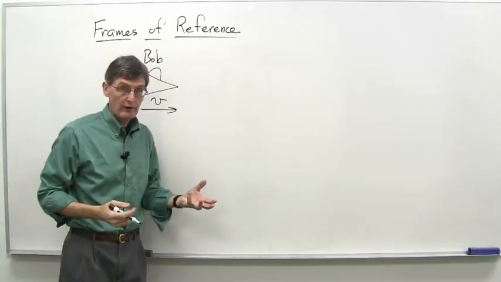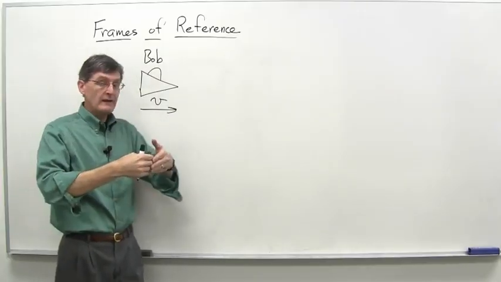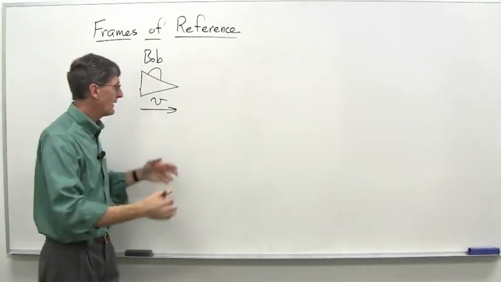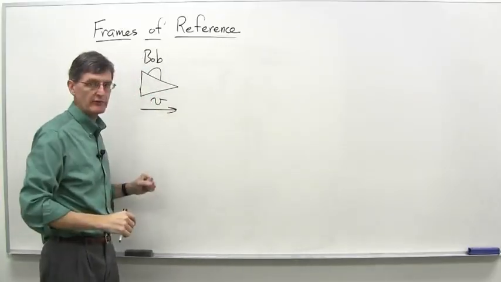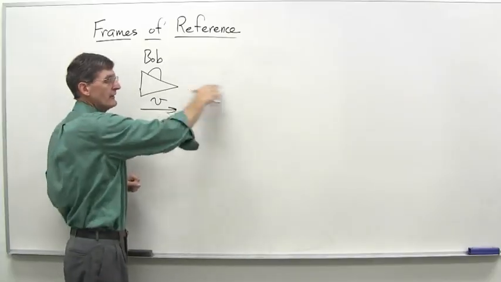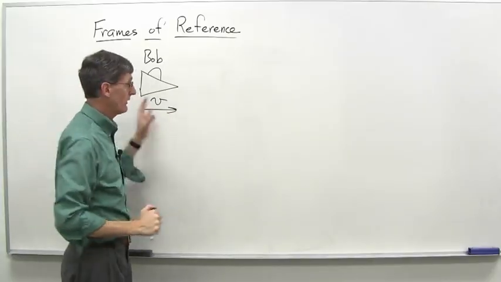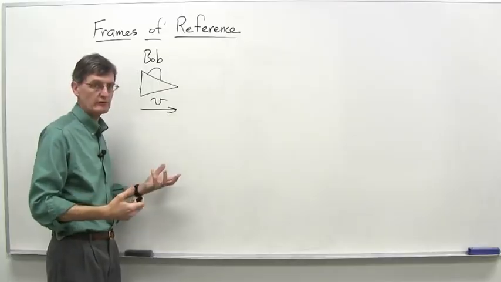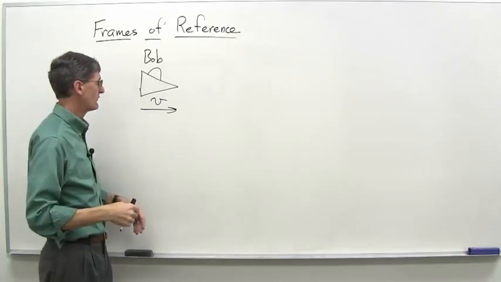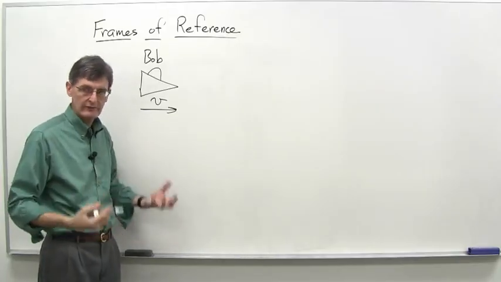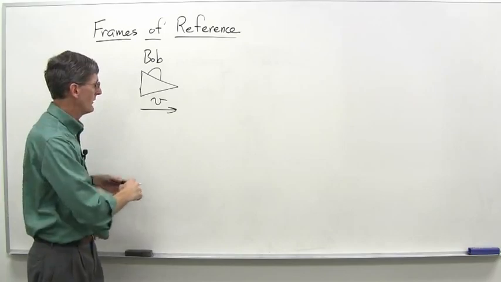Now remember, for Bob, as far as he's concerned, he's not moving. He has his whole grid or lattice of clocks all synchronized with each other, so he can measure events in his frame of reference. He's in an inertial frame of reference because, as far as he's concerned, he is at rest, and he can tell that because he doesn't feel any acceleration going on.